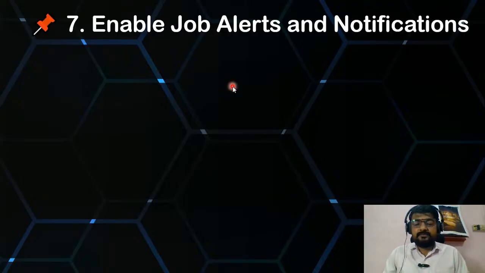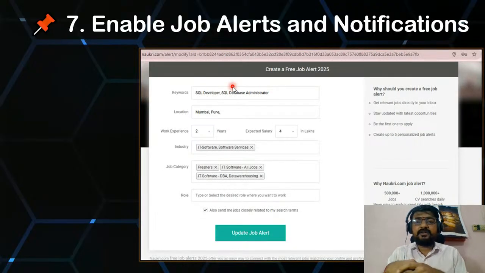Naukri also automatically creates a job alert as per your applications. For example, if you continuously apply for SQL developer profiles or fresher profiles, Naukri automatically creates one job alert. But this is not sufficient.